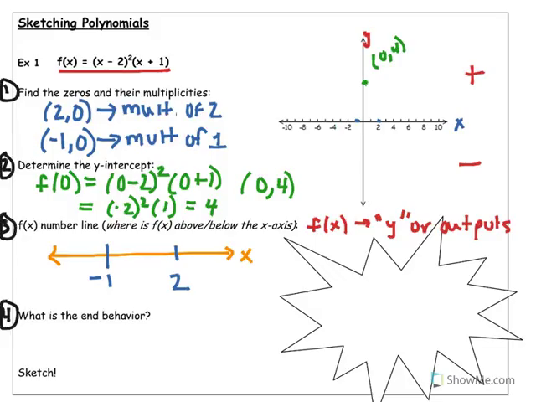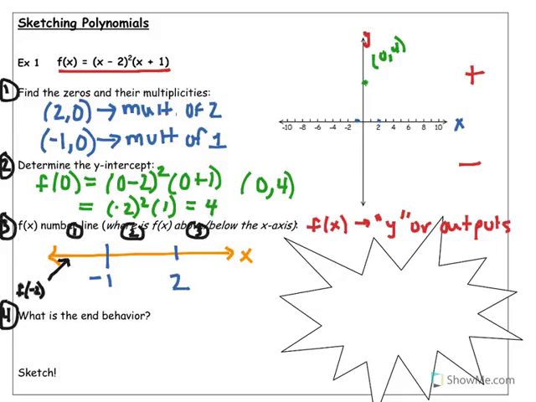When we fill out the f of x number line, we're really going to look at each of these as a different region. So we have region 1, region 2, and region 3. We're going to test each region to figure out the sign of my function. If I pick a point to the left of my 0, I'm maybe going to pick -2, so f of -2.